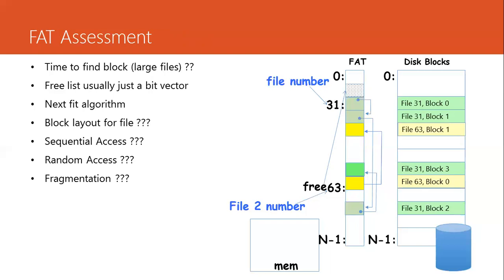How does it handle small files? Well, for files that are smaller than the block size, you simply are wasting things. You are wasting the sector of the disk, also called internal fragmentation. How does it handle big files? Well, as far as FAT is concerned, it can handle big files.